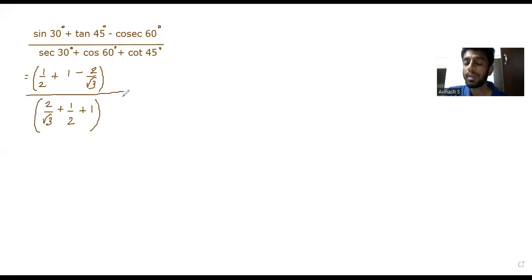What we do is take the LCM in the numerator and the LCM in the denominator separately. What do I mean by that? If you take the LCM in the numerator, this will become (root 3 plus 2 root 3 minus 4) whole divided by 2 root 3. I'll explain how we got this.